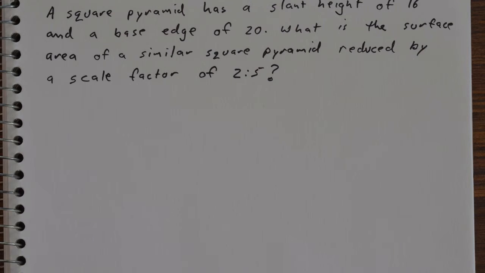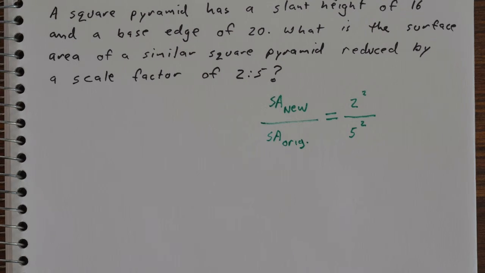Next example, oops, sorry, got a bit cut off there. A square pyramid has a slant height of 16 units and a base edge of 20 units. So we've got the square pyramid, and we want the surface area of a similar square pyramid that's been reduced by a scale factor of 2 to 5. So we're going to use the proportions idea. The surface area of the new divided by surface area of the old must follow 2 squared to 5 squared.